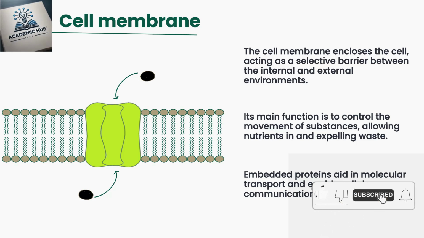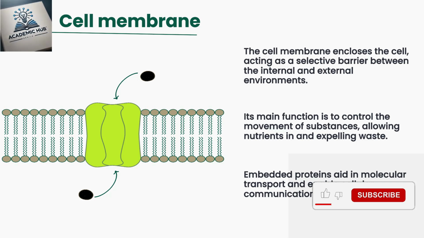Next is receptor proteins. How do receptor proteins act inside the embedded proteins? These proteins act as a communication hub by binding to signaling molecules such as hormones and neurotransmitters. Once a receptor binds to its specific ligand, it undergoes a conformational change that triggers a cascade of events inside the cell.